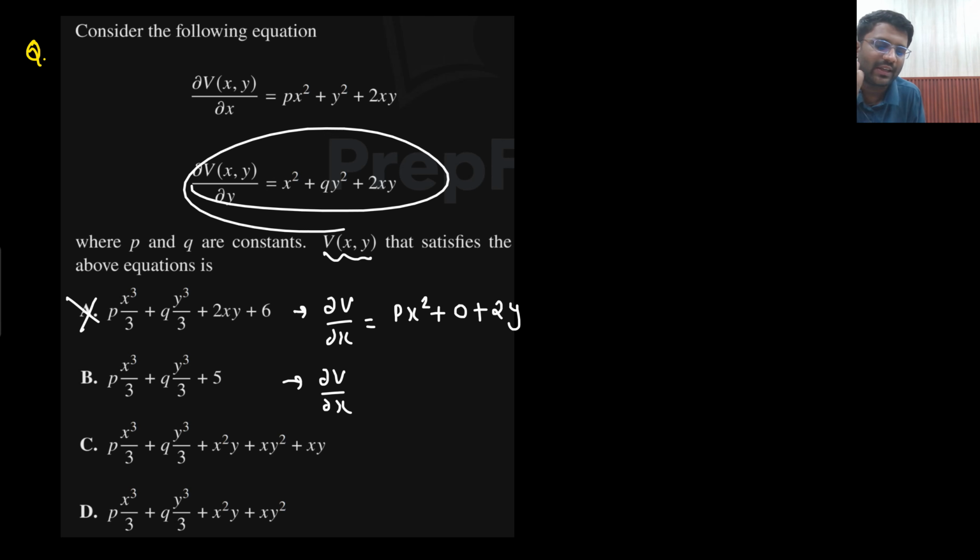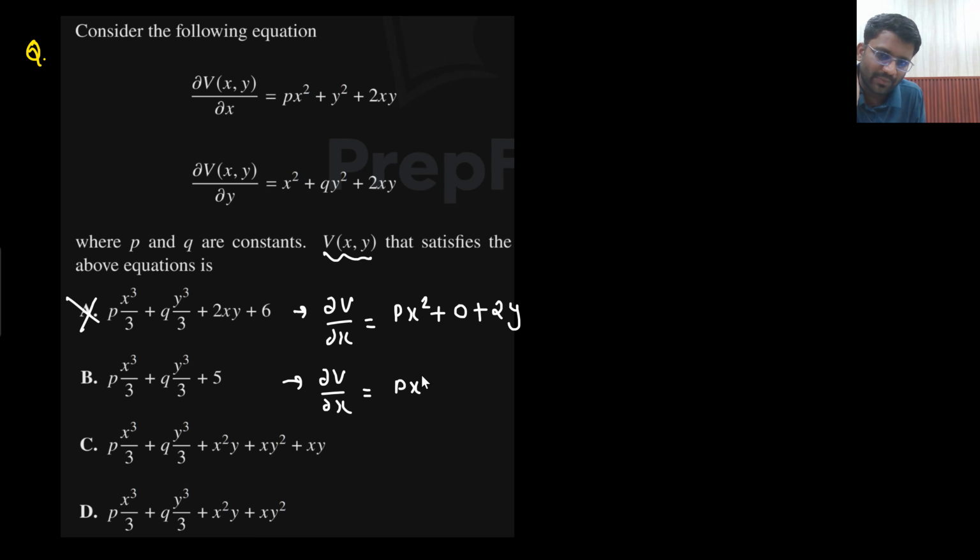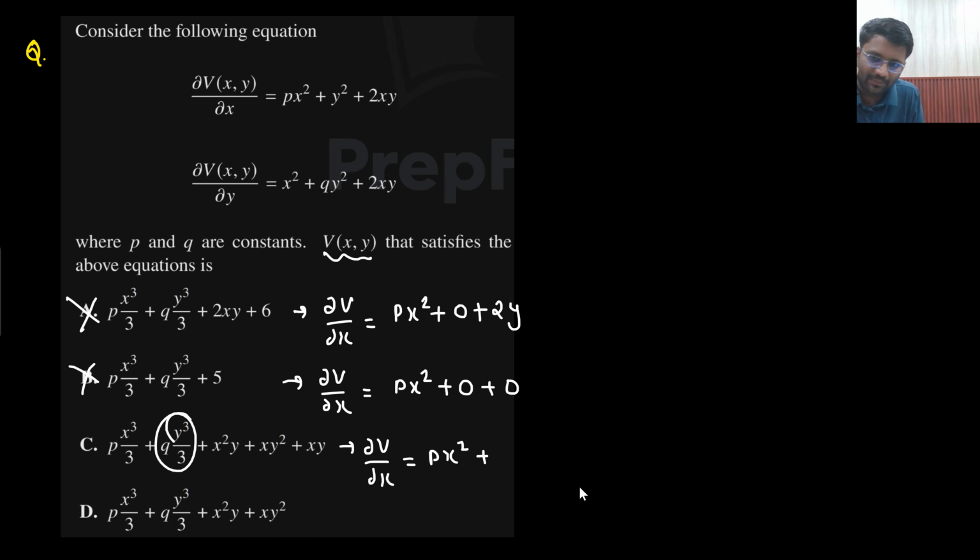Next, partial differentiation of v with respect to x. You don't even need to check with y as well. Only with respect to x we can check. So, sir, when I calculate this, this will become px square. Sir, y cube by 3 will become 0. Differentiation of 5 will also be 0. So, px square, not matching, wrong. Next option, partial differentiation of v with respect to x. Sir, what will I be getting? Px square. This will become 0. Now, sir, here y will be treated as constant, so differentiation of x square will be 2x.